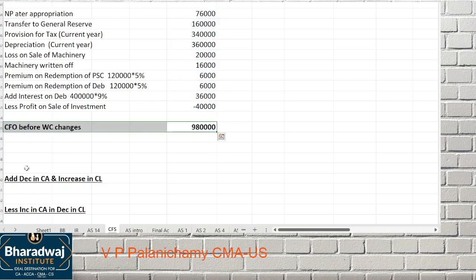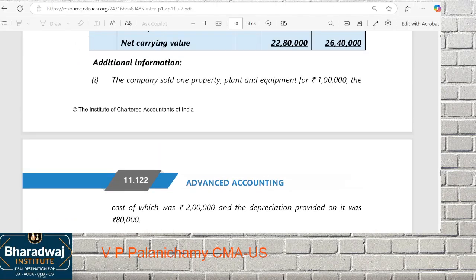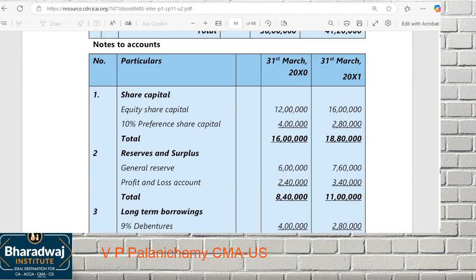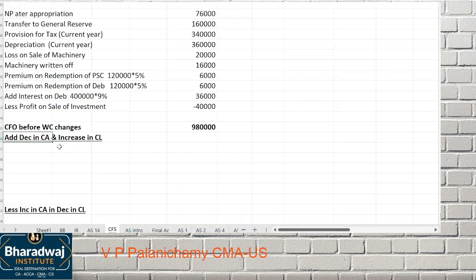Adjust for working capital changes. Decrease in current assets and increase in current liabilities. Wait. Other current assets we have changed, not 11 lakh 10,000, and the inventory adjustment as well. What is the value? Other current assets: 11 lakh 34,000.